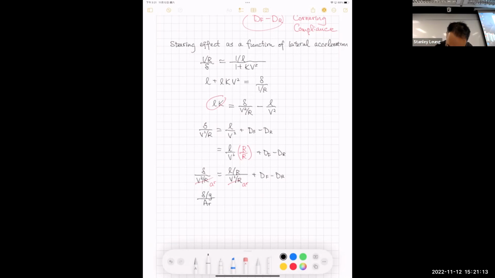It is the AY. Lateral acceleration versus G, okay. Equals this one, which is the del Ackerman command versus AY per G plus dF minus dR.